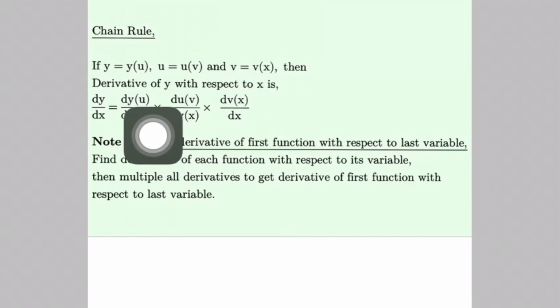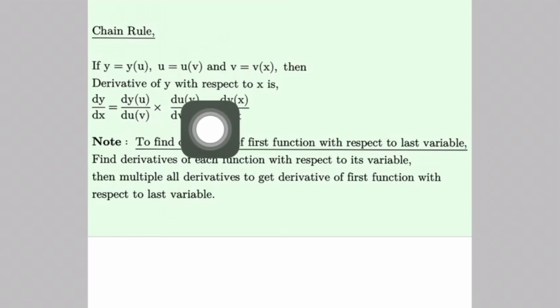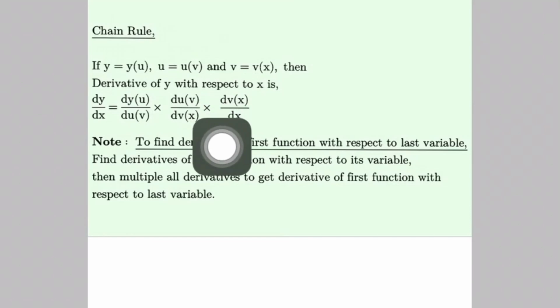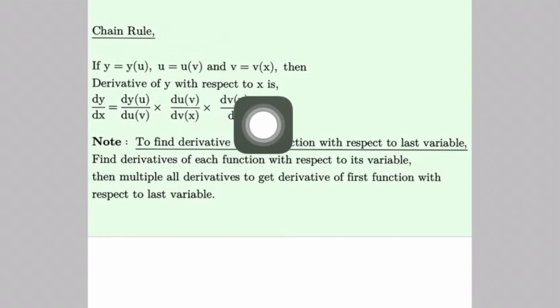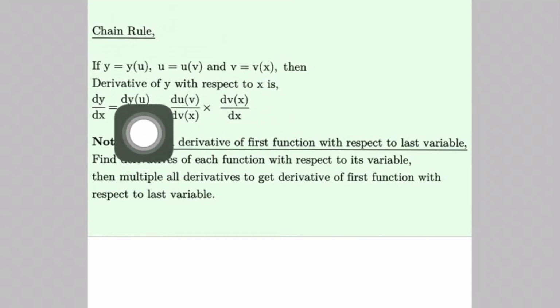So first we find the derivative of y with respect to its variable u, then the derivative of u with respect to its variable v, and then the derivative of v with respect to its variable x, and multiply these three factors so that we get the derivative of y with respect to x.